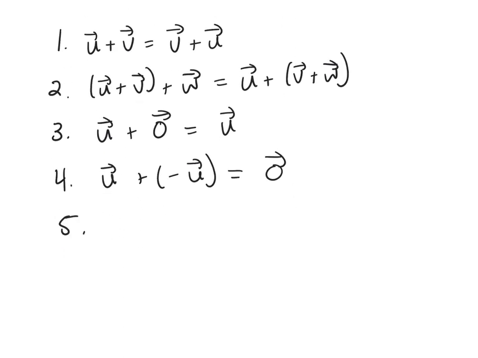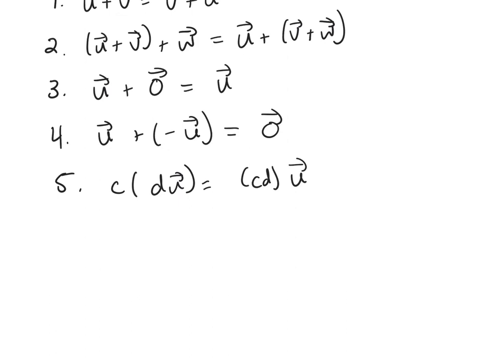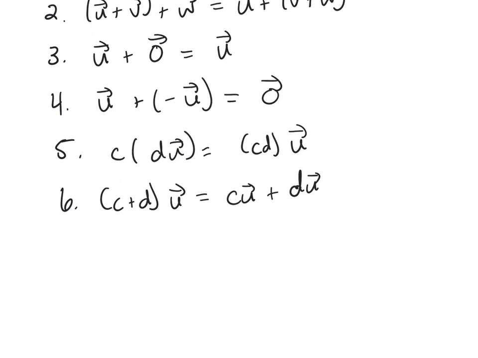If I do a scalar multiple, c times another scalar multiple, it's the same thing as multiplying the two scalars together and then doing scalar multiplication. If I add two scalars together and then do scalar multiplication, it's the same thing as doing each individual scalar multiplication and then adding.